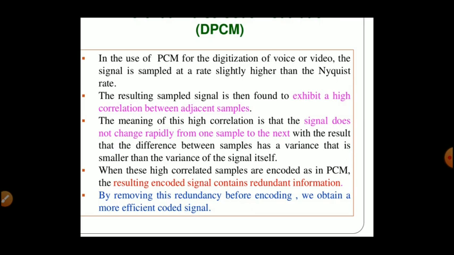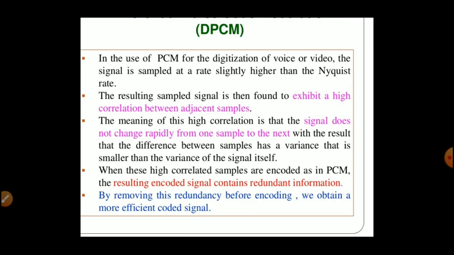The signal is sampled at slightly higher than the Nyquist rate. The resulting sampled signal is then found to exhibit a high correlation between adjacent samples. The meaning of this high correlation is that the signal does not change rapidly from one sample to the next, with the result that the difference between the samples has a variance that is smaller than the variance of the signal itself.